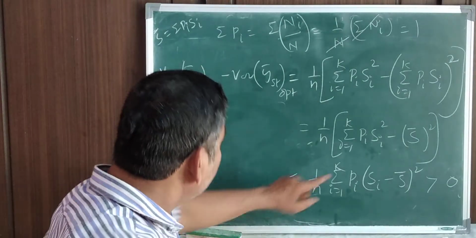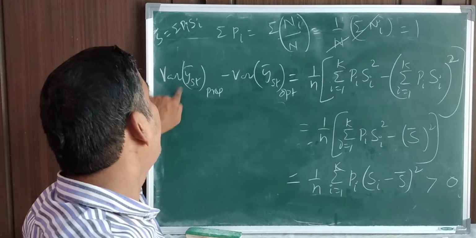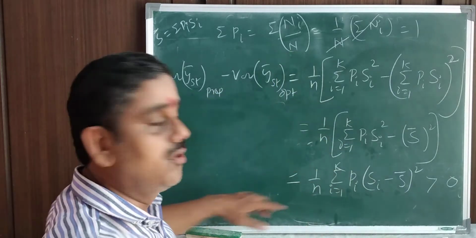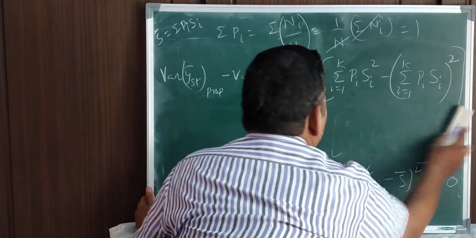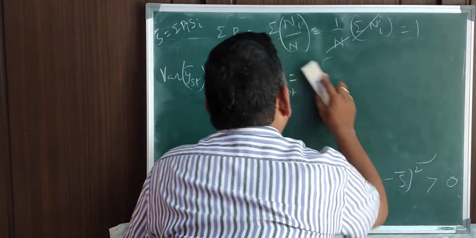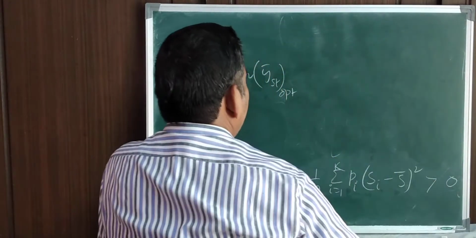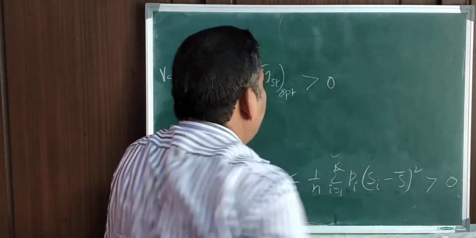What is greater than 0? This is greater than 0 means variance of y bar st proportion minus variance of y bar st optimum is greater than 0. Now I am writing that. So this is greater than 0. Do you agree with me?